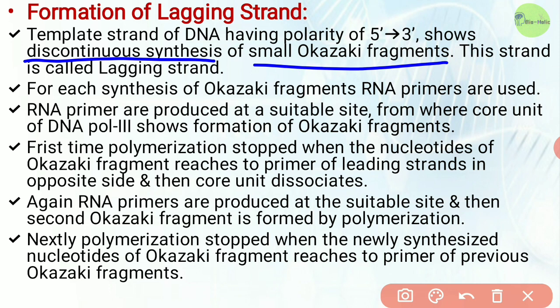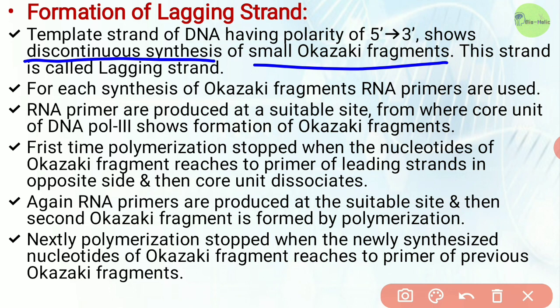That means in the opposite direction, or opposite side, and then the core unit dissociates after, I can say, 1000 to 2000 nucleotide formation.